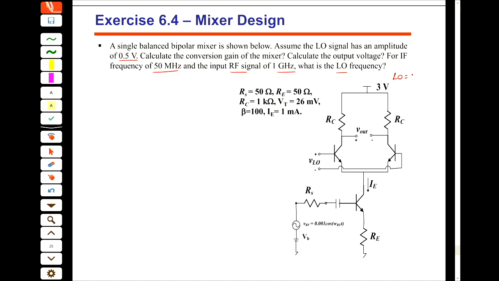So the last part is that LO equals RF plus or minus IF. 1 gigahertz plus or minus 50 megahertz, which is 950.